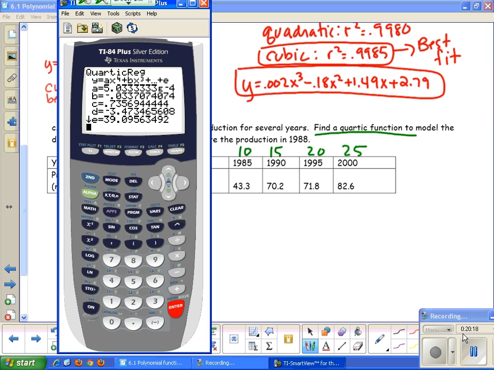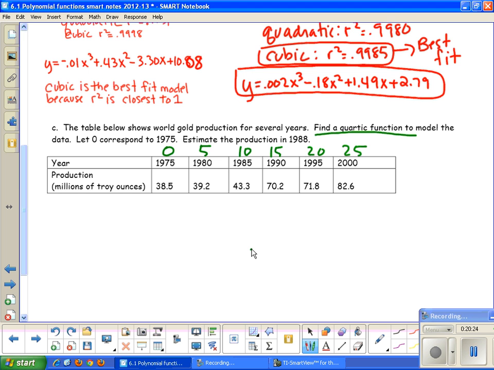All right, so I'm going to write down this equation that I have. So y equals 0.0005 x to the 4th minus 0.03 x cubed plus 0.74 x squared minus 3.47 x plus 39.10.